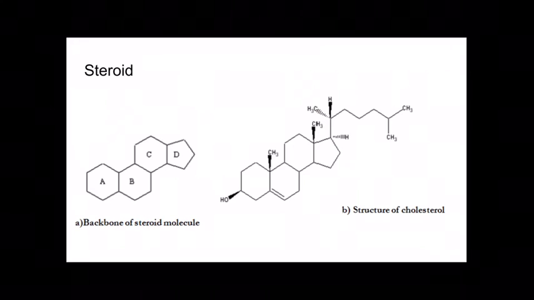Steroids, at their foundation, are made up of 17 carbon atoms that form four rings. The rings are labeled A, B, C, and D. We can see A, B, and C are hexagon shaped, D is a pentagon shape. So all steroids have that exact same starting point.